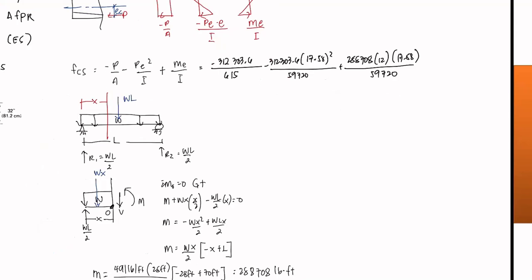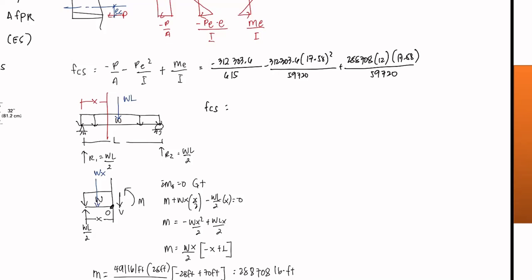59,720. Okay. When calculating, FCS natin is negative 312,303.6 divide 615 minus 312,303.6 times 17.58 squared over 59,720 plus 288,708 times 12 times 17.58 divide 59,720.